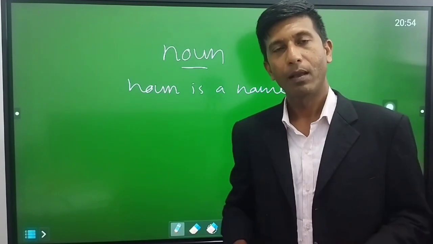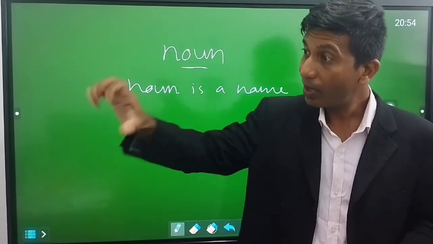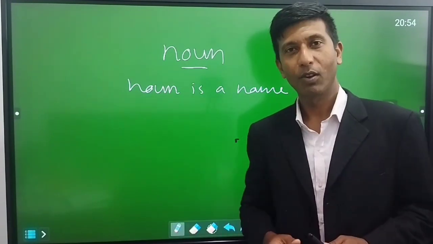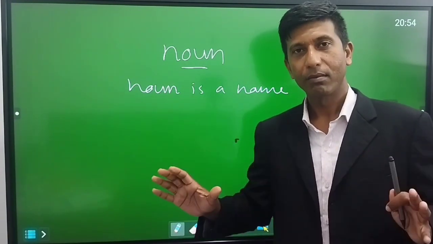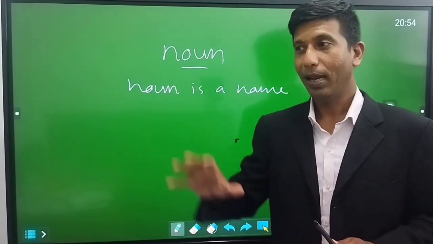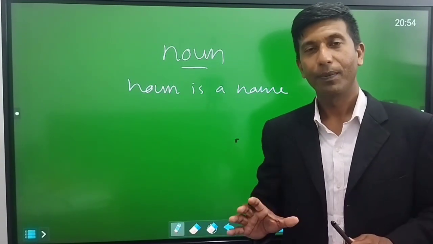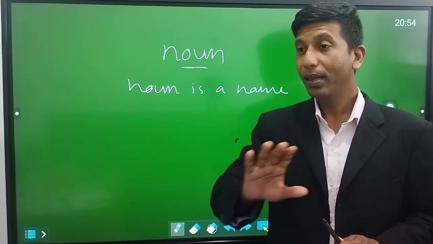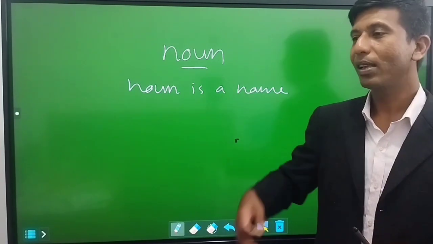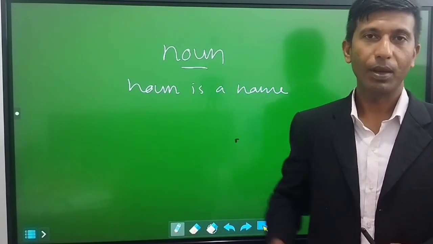But gods are unseen. So, what is a noun? Noun is a name for things tangible or intangible, visible or invisible. There are things in the world and they have names. All these names are called nouns. Okay, what is a noun? Noun is a name for something tangible or intangible, visible or invisible.